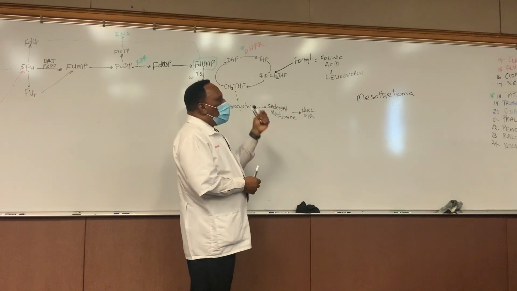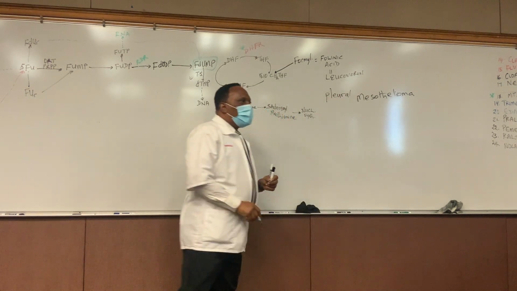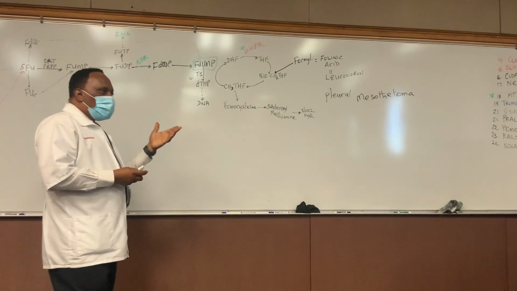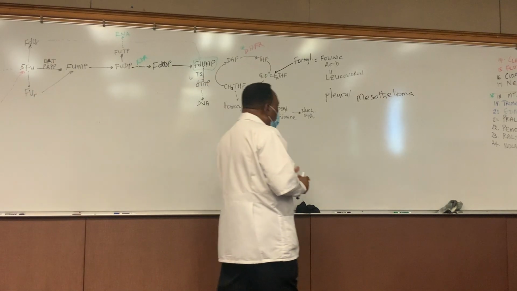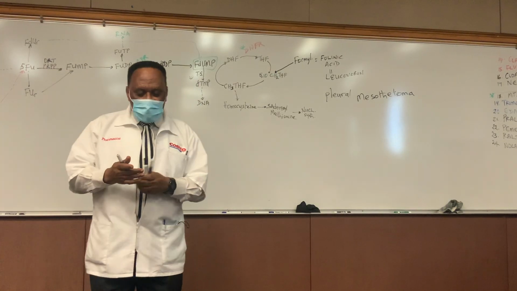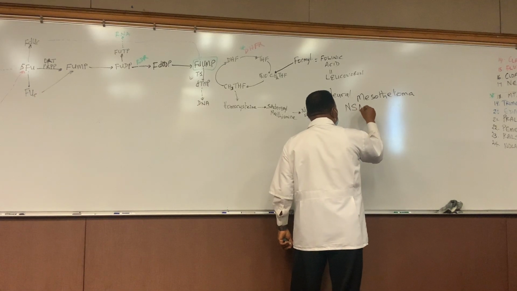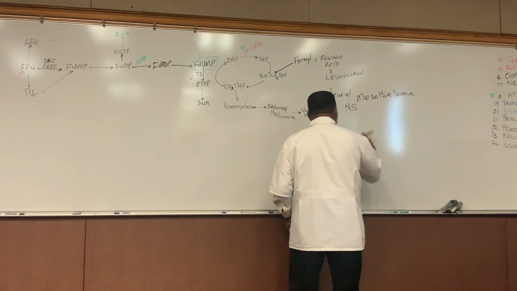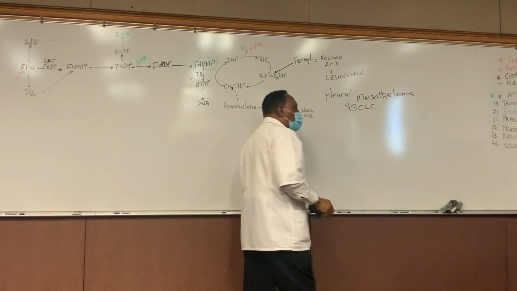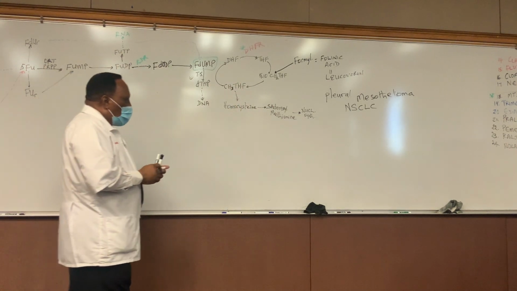So malignant pleural, as in the chest cavity, malignant pleural mesothelioma. So one can use gemcitabine for that. So pancreatic cancer, mesothelioma would be another one, and it can be used for non-small cell lung cancer, NSCLC, non-small cell lung cancer. So it can be used for that.